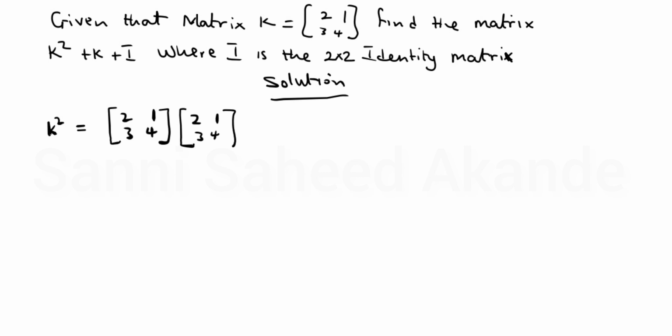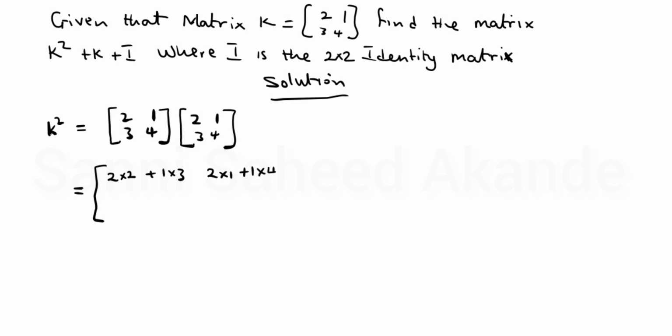Okay, now let's go ahead and multiply. So the first row multiplied by the first column will give us 2 times 2 plus 1 times 3. Okay, so 2 times 1 plus 1 times 4. So I know by now you understand how this multiplication goes. So I will be a little bit faster here.